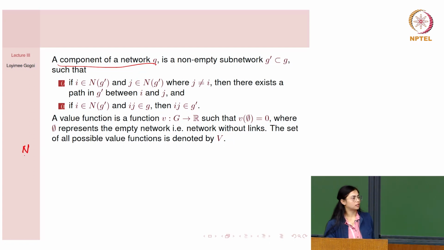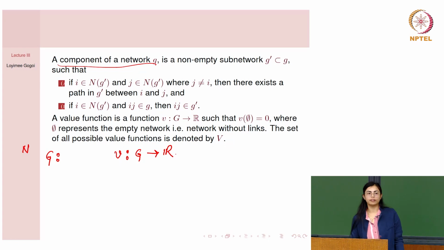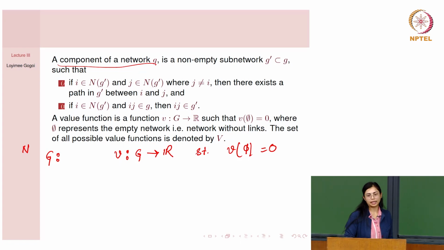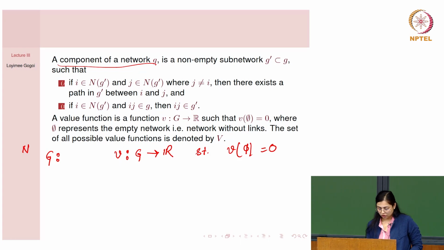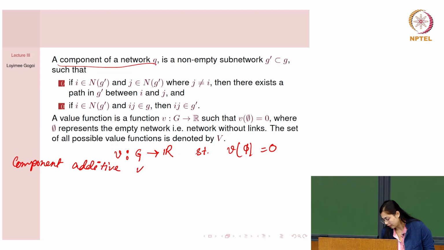If N is the player set, and G is the set of all possible networks on N, then we define a real-valued value function on G with the condition that the empty network generates 0. So the empty network can have some isolated nodes. Next we talk about the component additive value function.